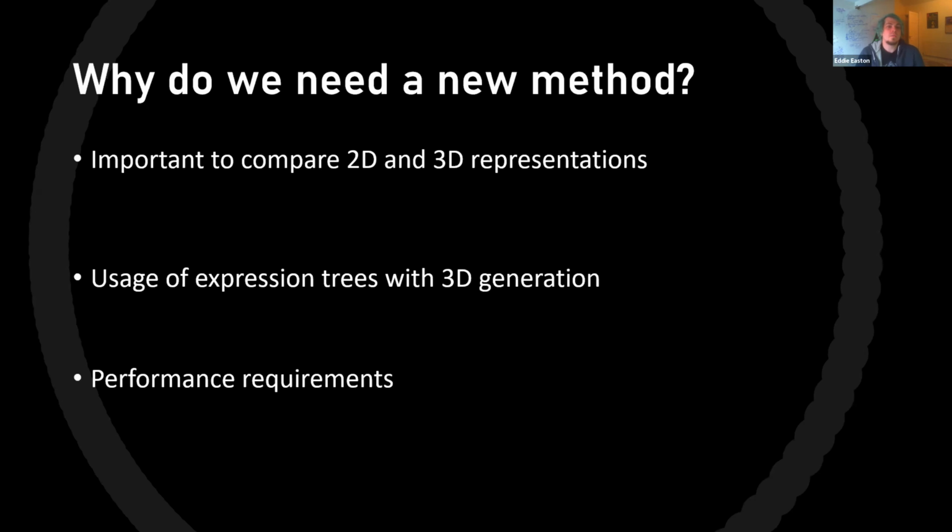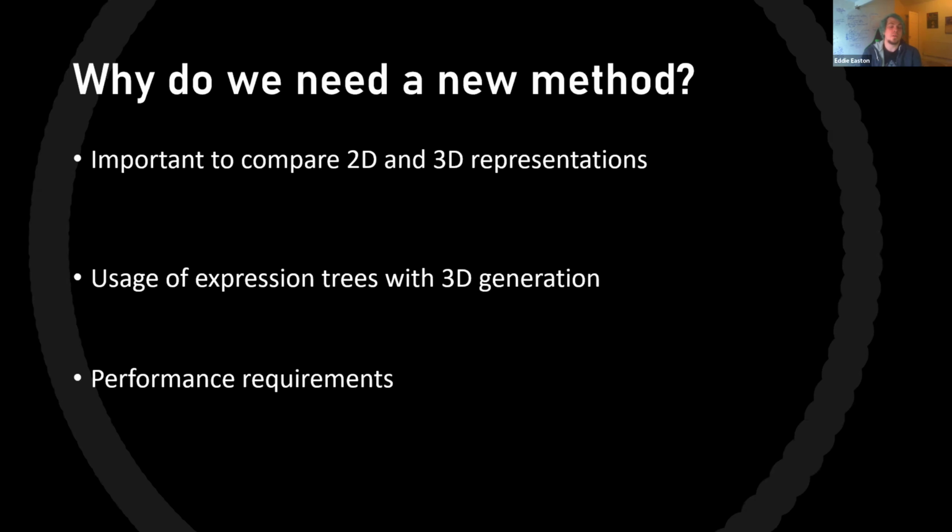Also, the process is based on expression trees to help with the versatility and applicability of this process to new and existing systems. The final consideration, which was deemed very important, was the performance requirements.